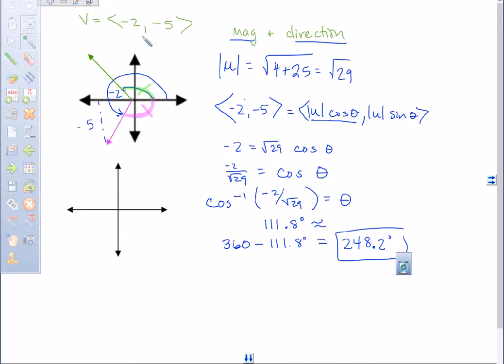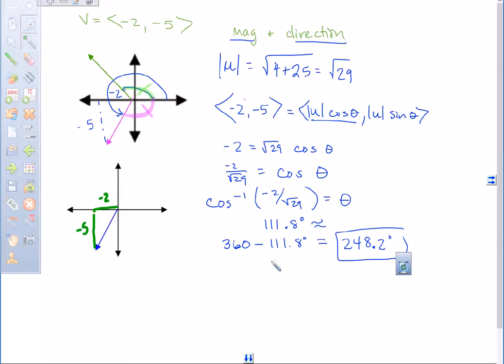Now, in this case, when we're thinking about -2, -5, we know that guy is down here in this quadrant. So I'm going to redraw this so we can think about it. We know that this vector, -2, -5, is down here in the third quadrant. But when we do inverse cosine, cosine only gives us from 0 to pi, or 0 to 180. So it gave us this. So how do we get all the way to there?